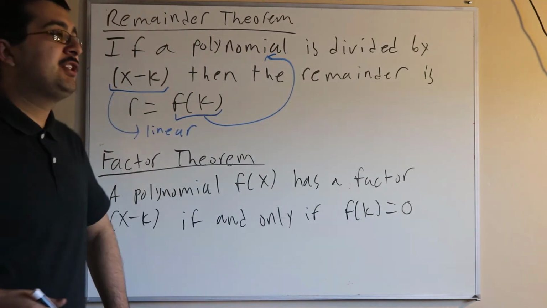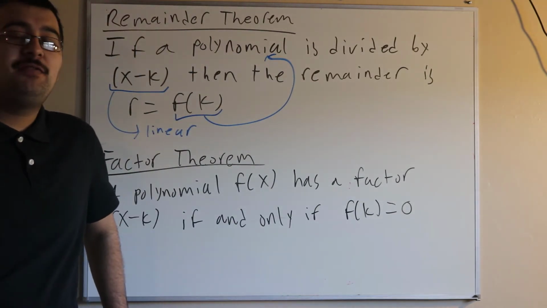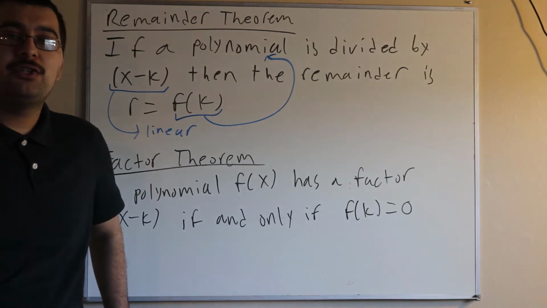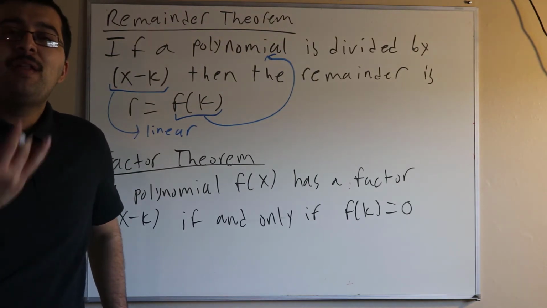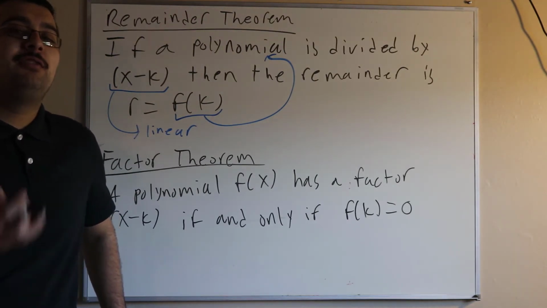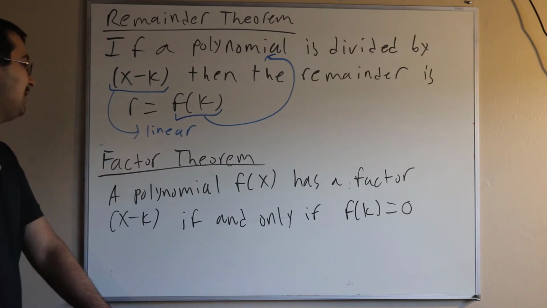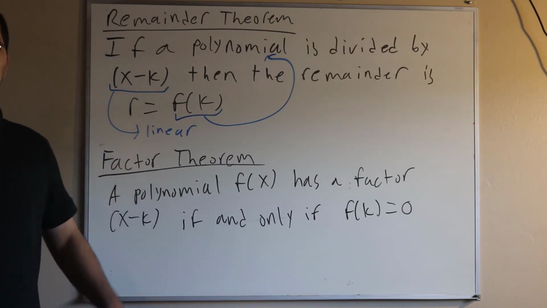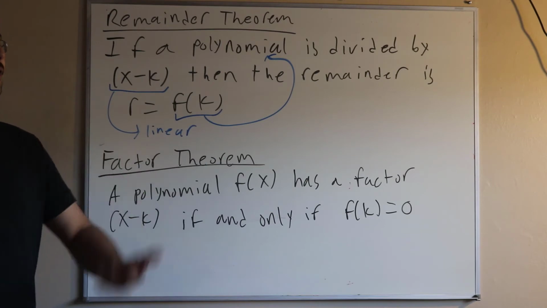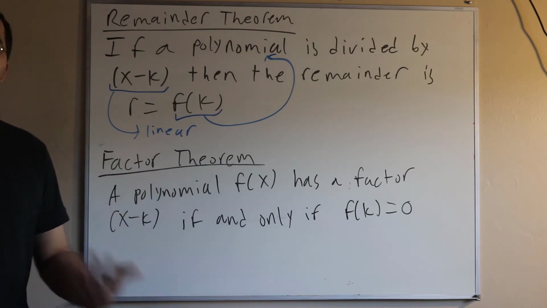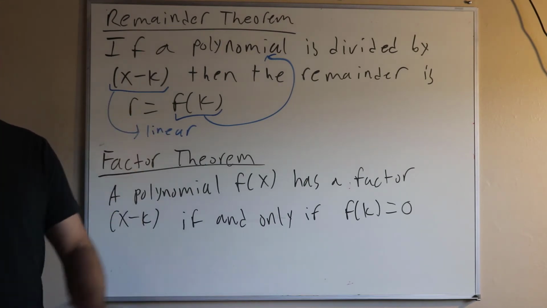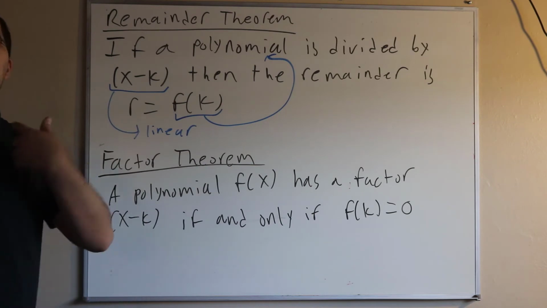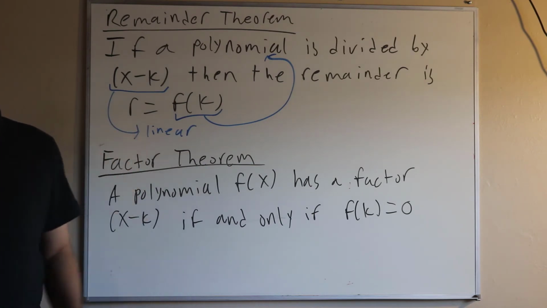And something we haven't discussed, but is true, is that if you divide a polynomial by a linear term and you divide evenly, then that must be a factor of your polynomial. So that's exactly what the factor theorem is saying: if you're able to evenly divide by a linear term when using a polynomial function, then that linear term must be a factor of your polynomial function.